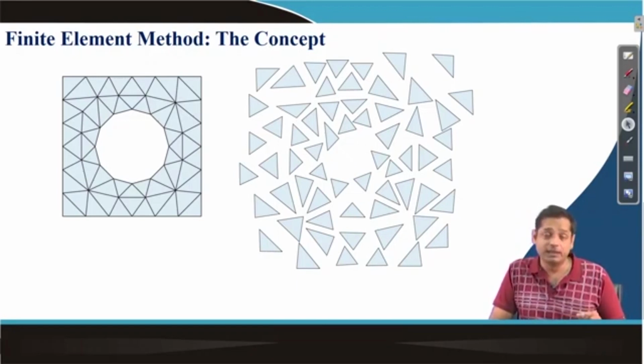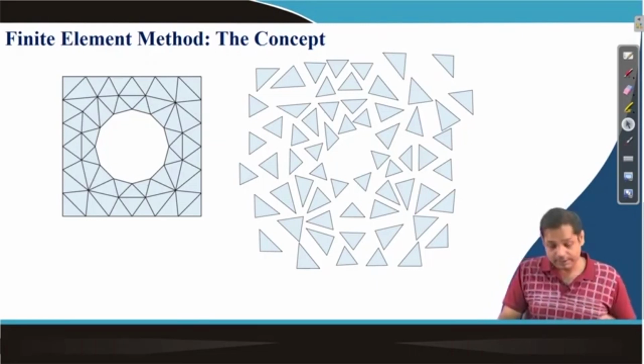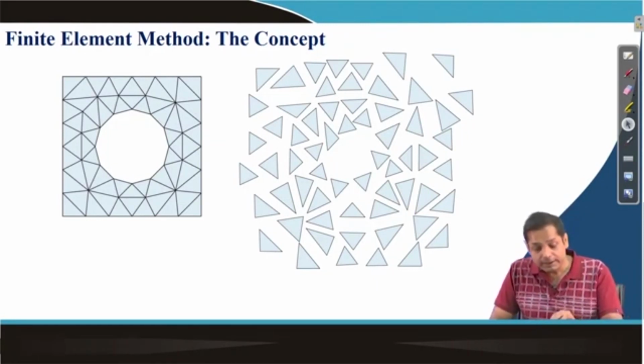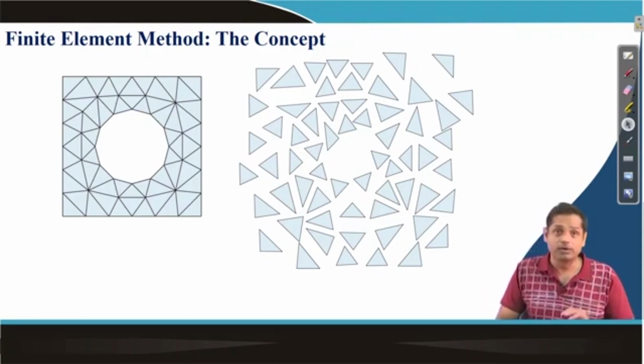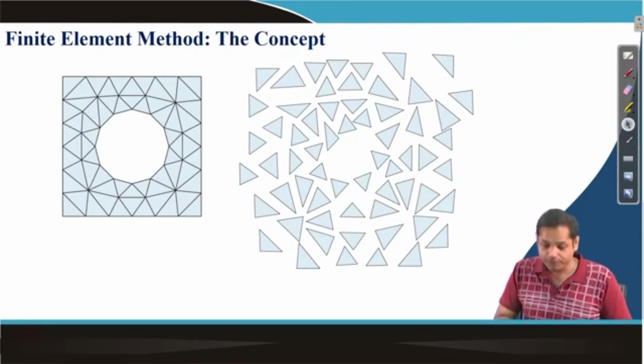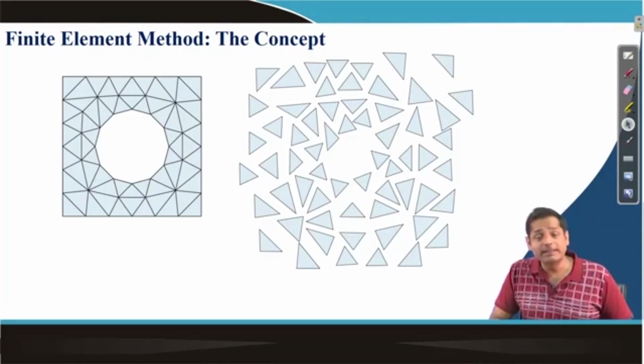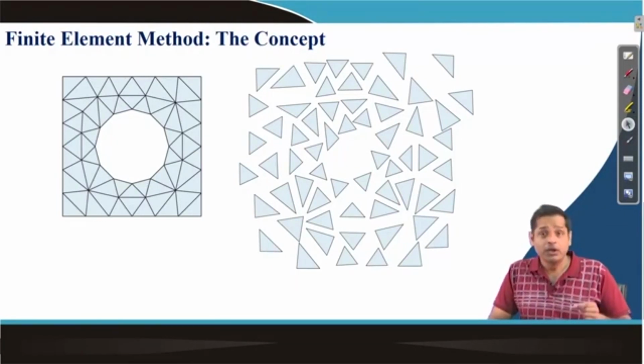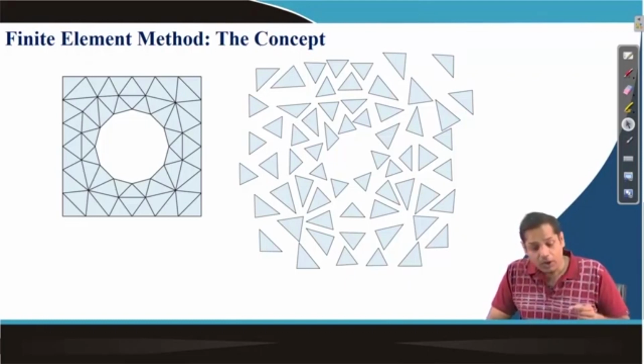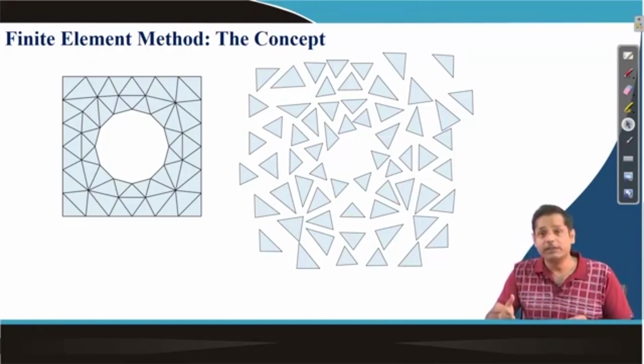Every piece was essentially a building block of that entire circle. Here also, these triangles are the building blocks of this domain. Okay. Then what we did in the previous example, we calculated the length of each segment. So here we calculate whatever we require.